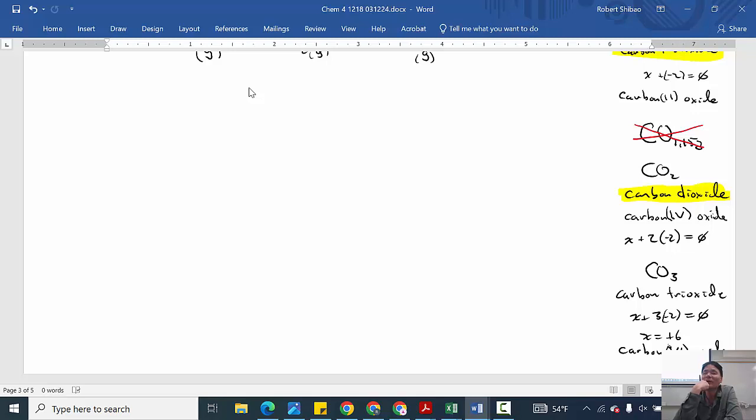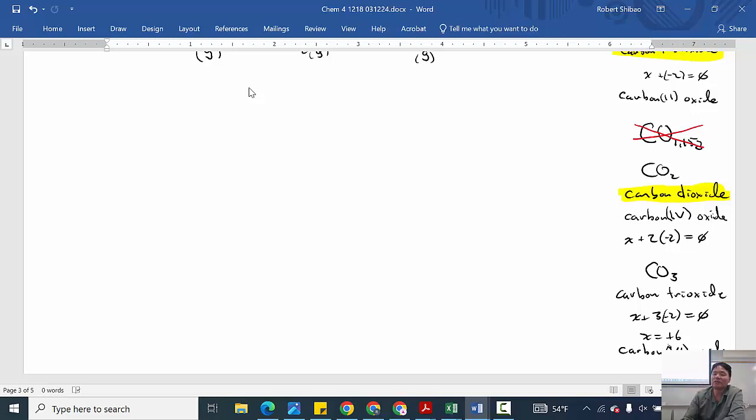But they don't have to worry about taxing carbon trioxide. We don't have to worry about carbon trioxide. Why? It's not what? As useful? Yeah. That's true. It's not as useful.